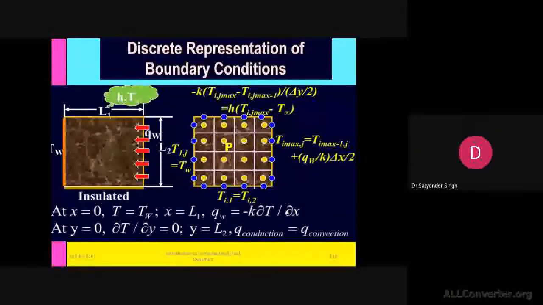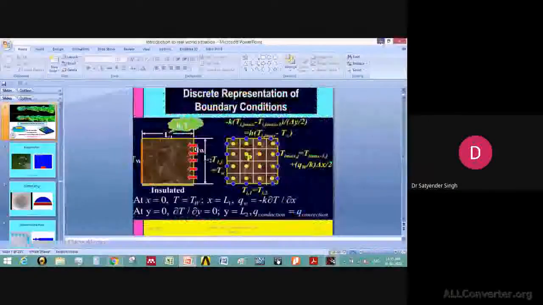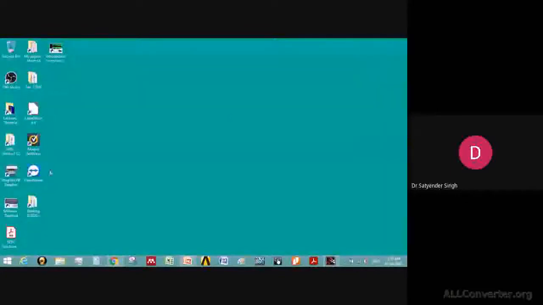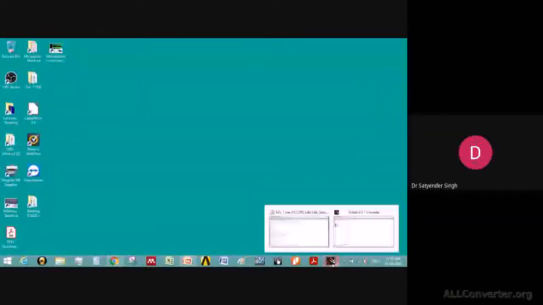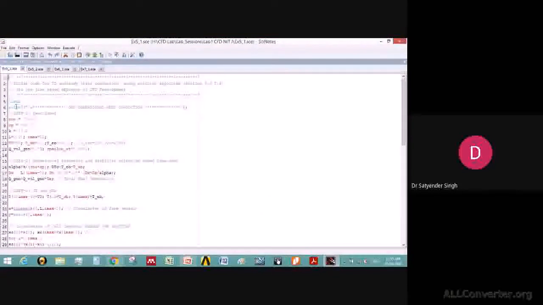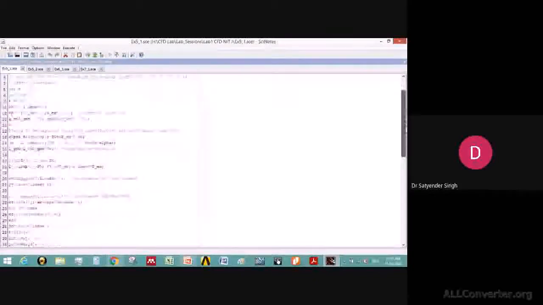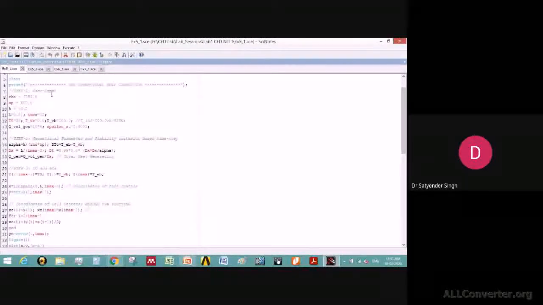So before we jump to the next problem, I would like to show you one code. Let's say this is a code which is developed for one-dimensional heat conduction. First step is we have to provide the input, meaning all the geometric dimensions and initial and boundary conditions we have to apply.